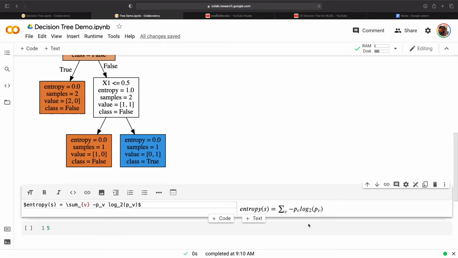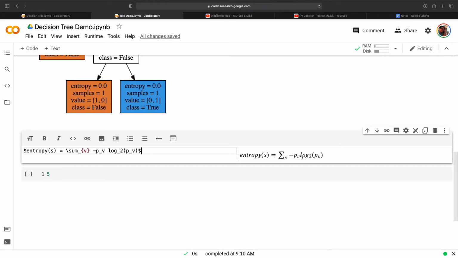You can see on the right side the values and the function of entropy that we are familiar with, right?